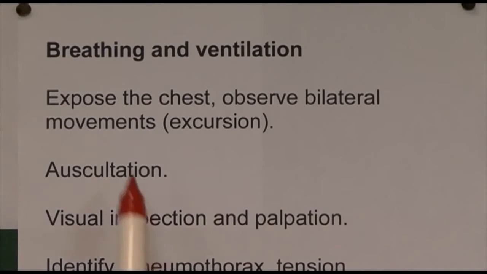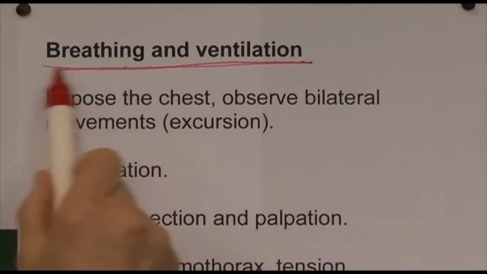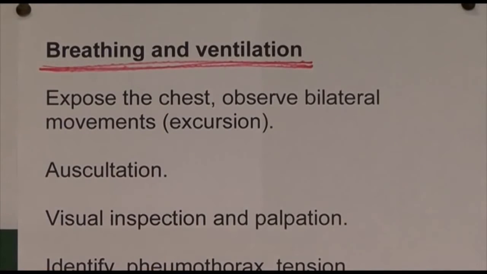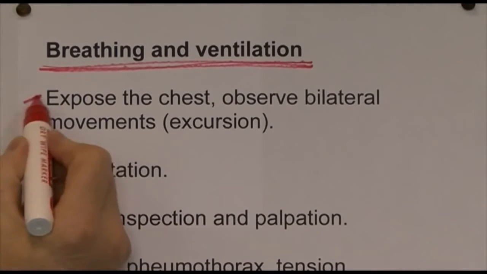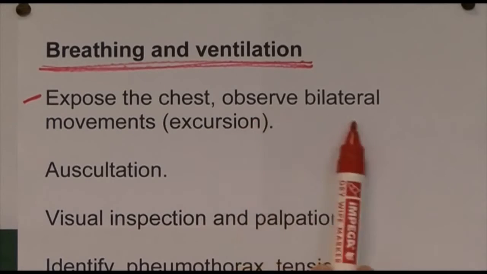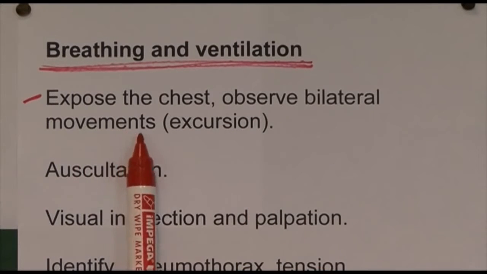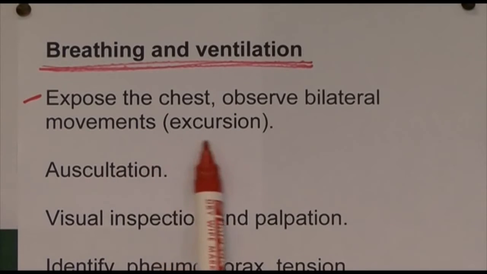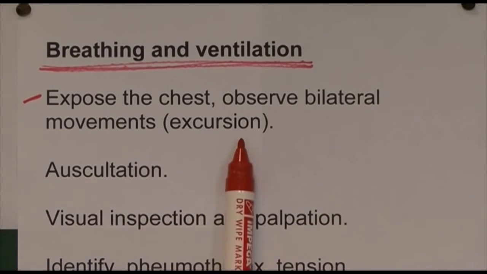Thinking now about the next priority, breathing and ventilation. We'll expose the patient's chest to assess them, and we will observe for bilateral chest movements. If you look at normal chest movements, they should be bilateral. That's called the chest excursion. So we're looking for bilateral, normal chest excursion.